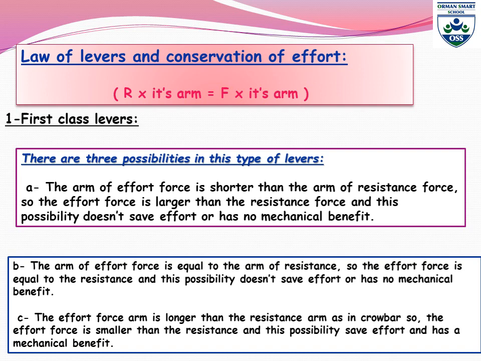C. If the effort force arm is longer than resistance arm, as in crowbar or nutcracker, we find the effort force is smaller than the resistance force, and in this possibility, it saves effort and has mechanical benefit. Second class levers.